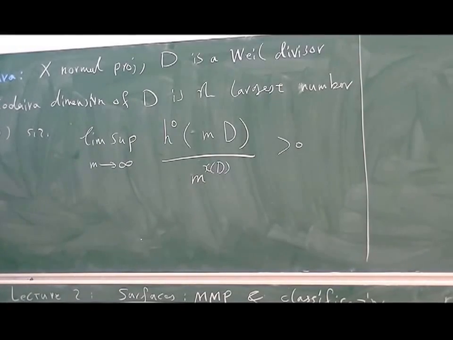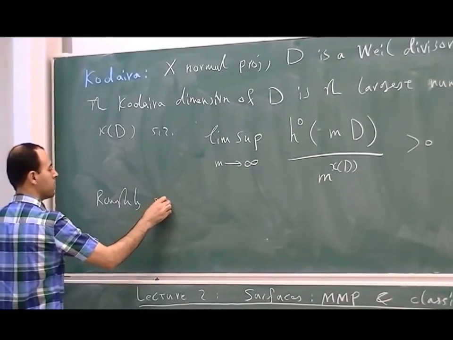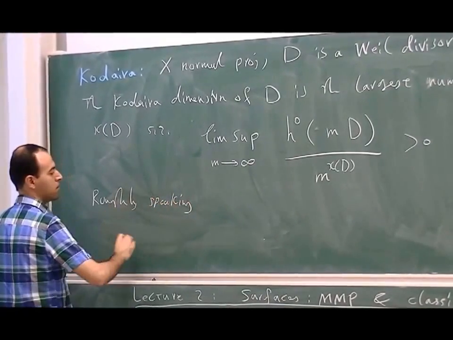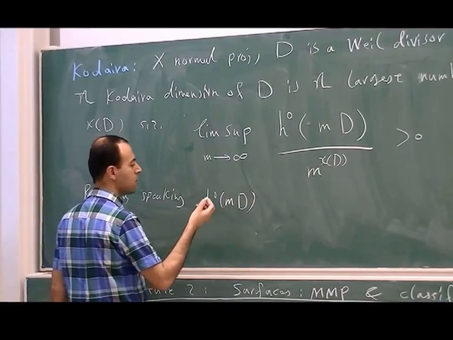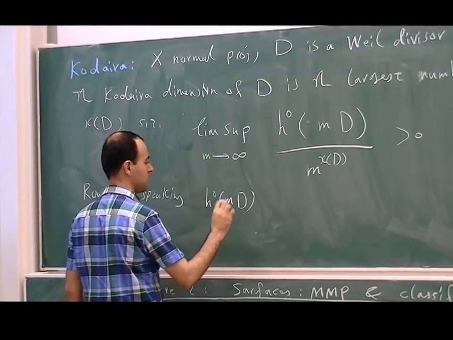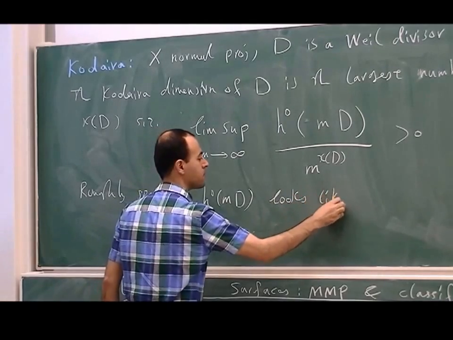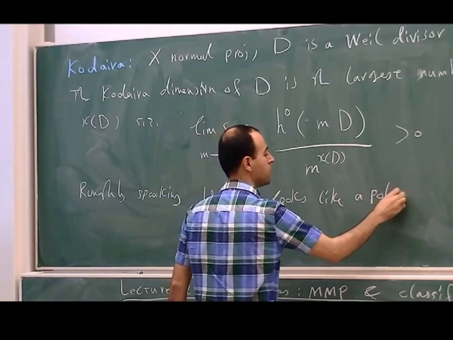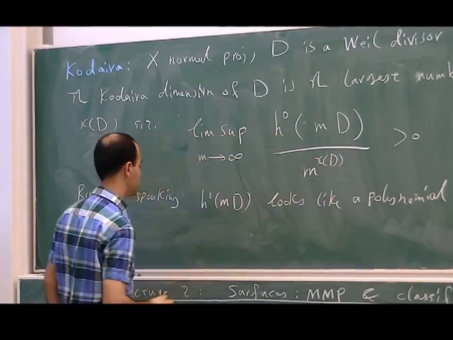So very roughly speaking, this h0 of mD looks like a polynomial. It's actually not a polynomial, but this looks like a polynomial of exactly the degree Kodaira dimension.